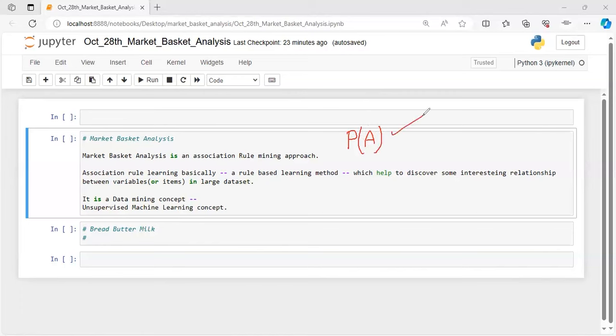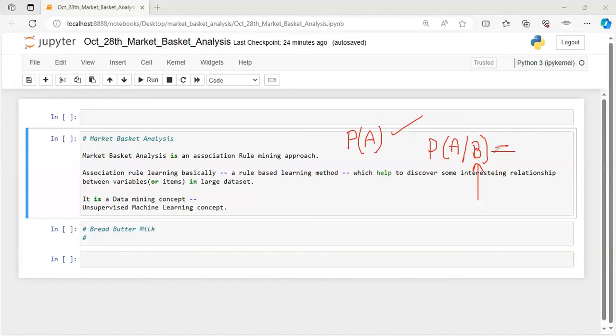Then they apply the conditional probability: what is the probability of item A if item B is already there? So if you have purchased item B, what is the probability that you will buy item A also?